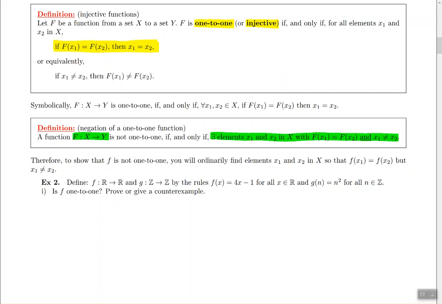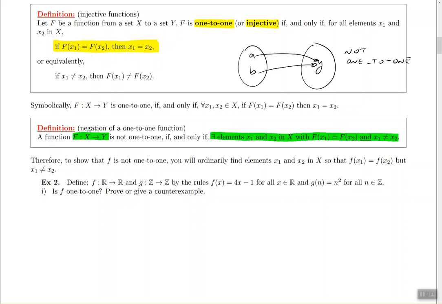So basically, if you want a function that is not one-to-one, all you have to do is come up with an example where two numbers in your domain have the same image in the codomain. That would be an example of a function that is not one-to-one, because it defies the rule.